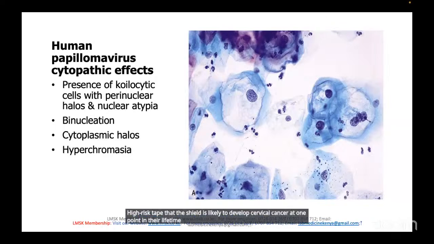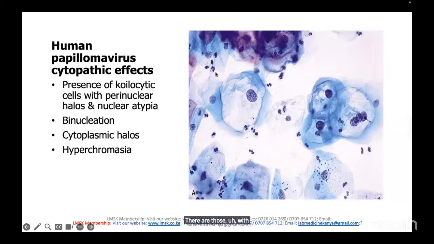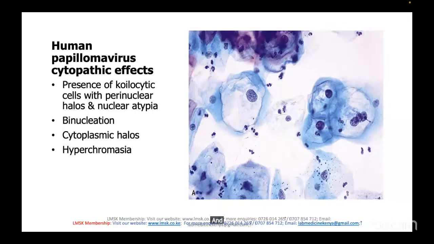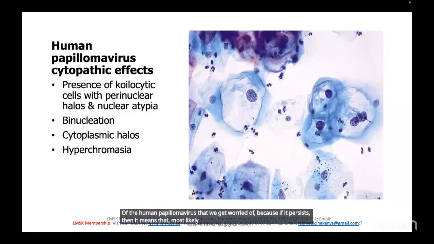However, there are those with strong immunity. If a woman is infected with human papillomavirus, there are those that regress spontaneously, especially if a woman is pregnant, and there are those that will persist. So it is the persistence of the human papillomavirus that we get worried of, because if it persists, then it means that most likely a patient may develop cervical cancer.